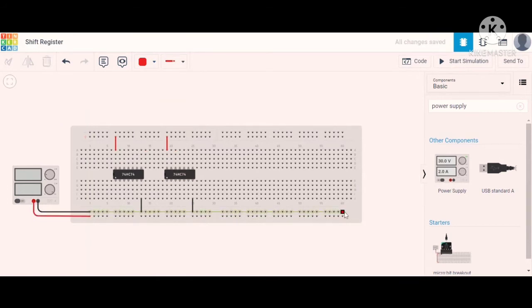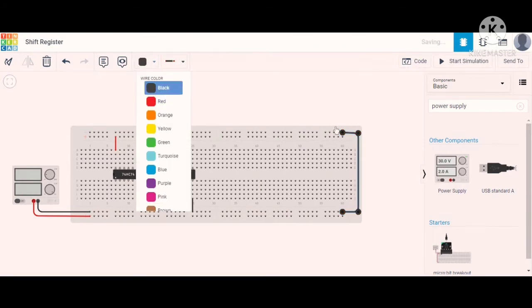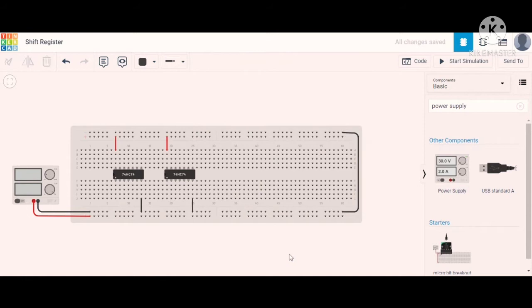After that, we connect the negative layer of horizontally shorted slots to the other negative layer, because we are using both the slots together. That's why we shorted these slots, and giving the wire the color black for the negative.